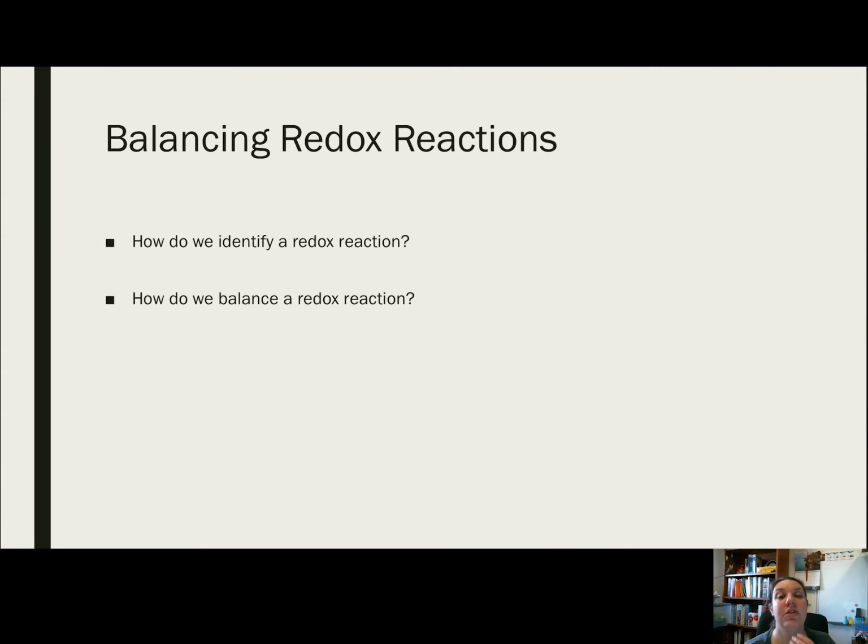Okay, so when we are looking at a redox reaction, we have to use a half reaction method. So first, we need to figure out what's changing oxidation state so we can determine what half reactions we need to produce. So we're going to identify a redox reaction by looking at what's changing oxidation states.